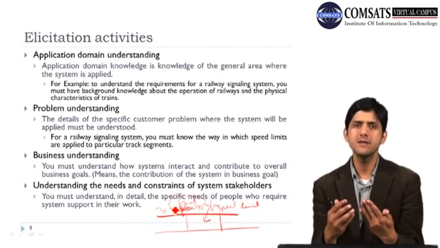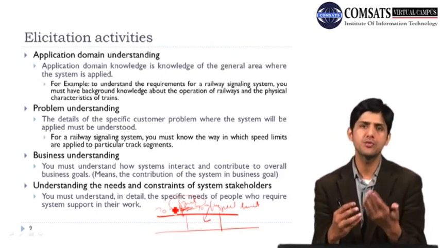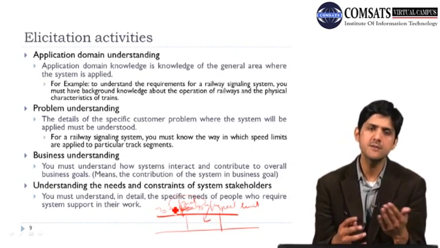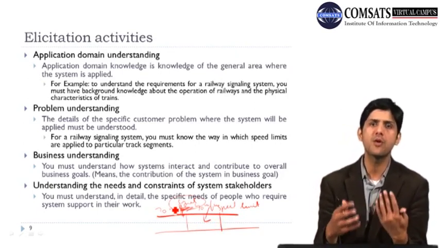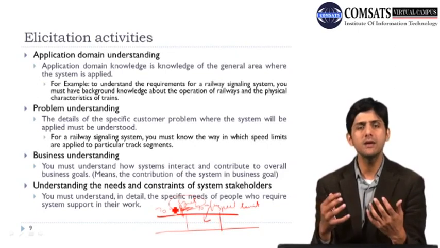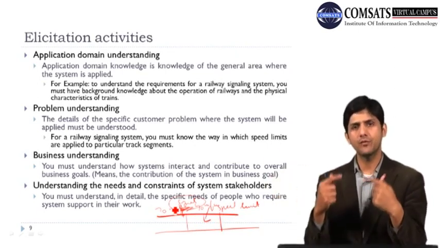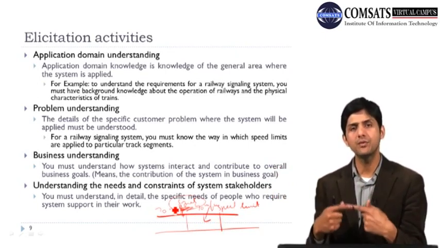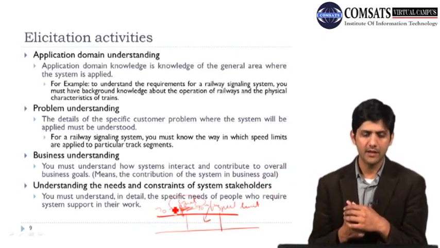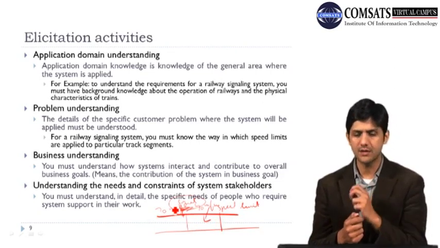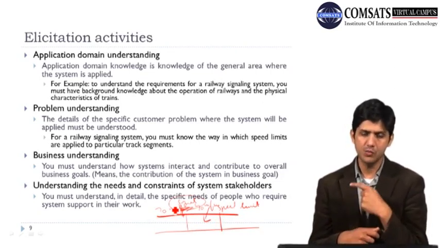Railways do not operate to build this signaling system; it is just a tool that they are going to use so that their operations are smoother and it helps them achieve that bigger goal. So one of the key things we want to achieve is business understanding.